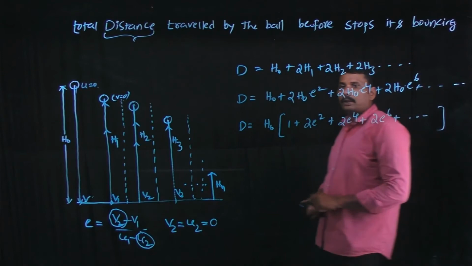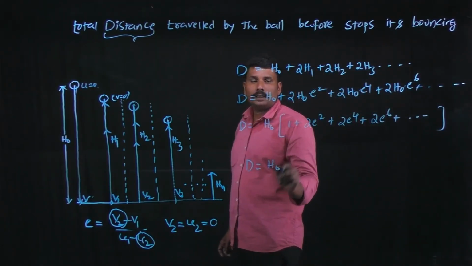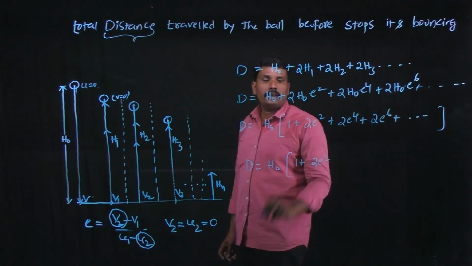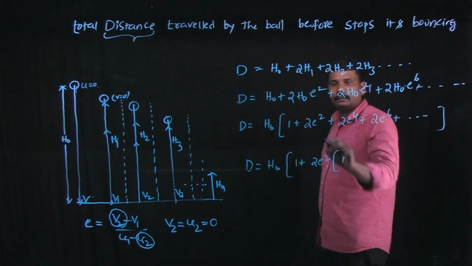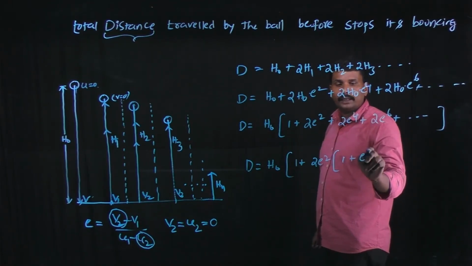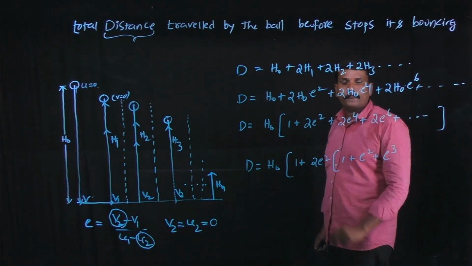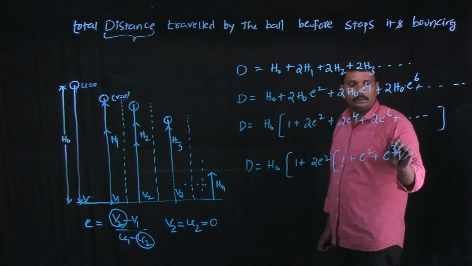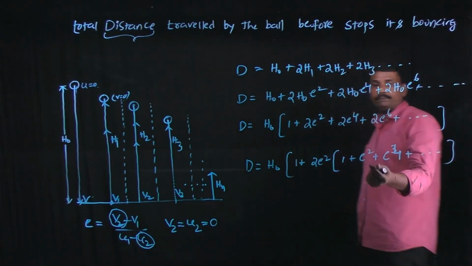By getting common 2e square from the second term, it is d equals to h naught into 1 plus 2e square into, 1 plus e square plus e power 4, sorry, e power 4, plus and so on.